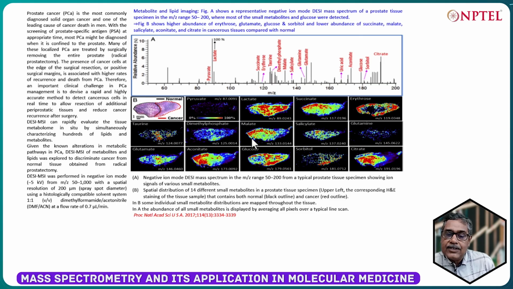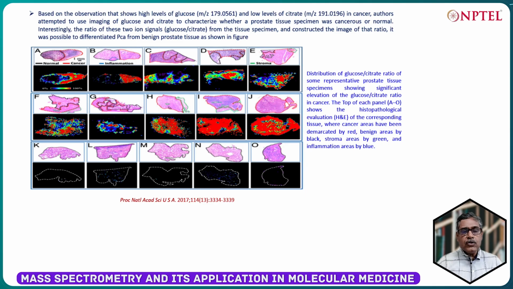Like this one, malate, is another metabolite that is more in normal tissue rather than cancerous. Succinate is also more in normal than cancerous. Now, based on this observation, the authors observed that it was clear there was a high level of glucose and a low level of citrate in cancer.